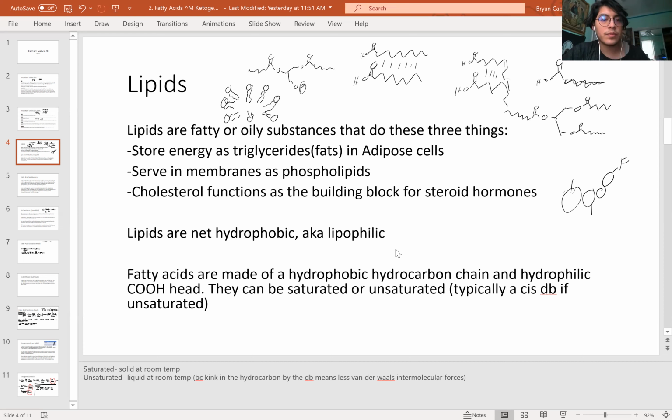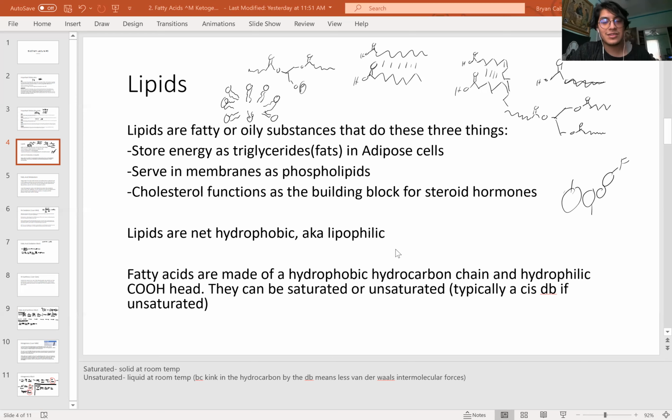Let me just pull up what cholesterol looks like. Right here. Yep, so it's this 4-ring structure, and they can add a bunch of different things to it to modify what it does, like testosterone, for example.